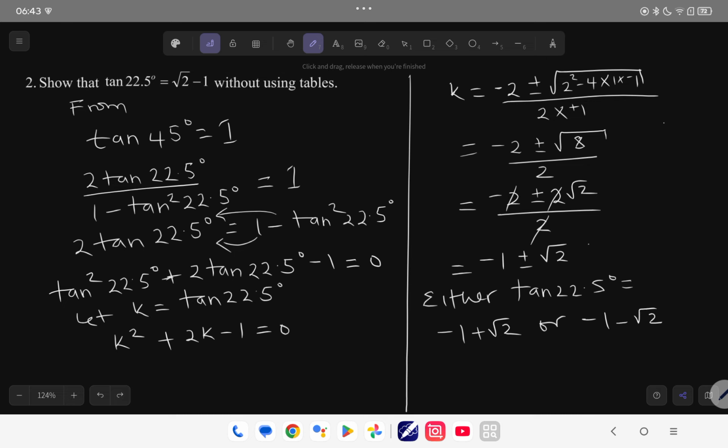Now our proof was requiring us to find it as root 2 minus 1, which is the first one. So therefore, tan 22.5 degrees is root 2 minus 1 as required of us.